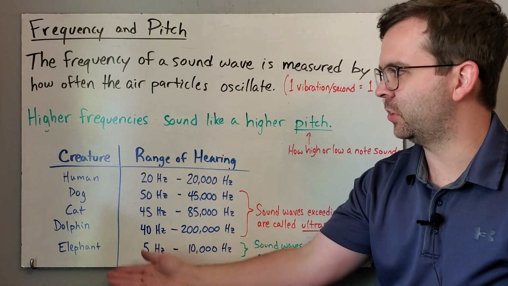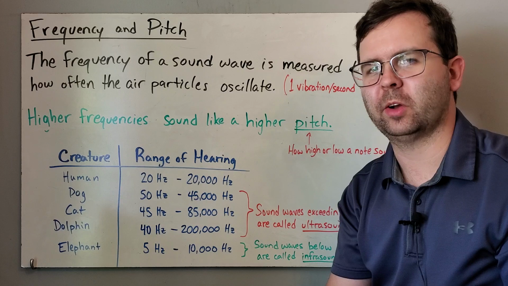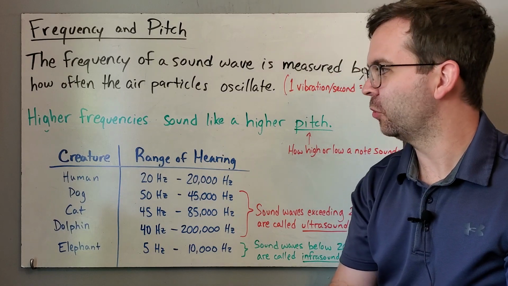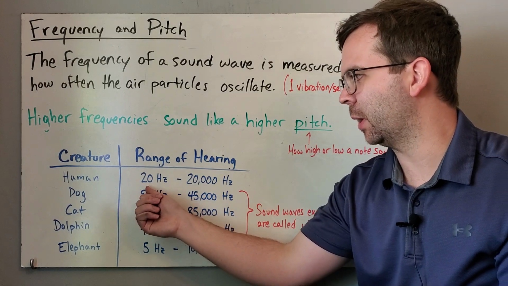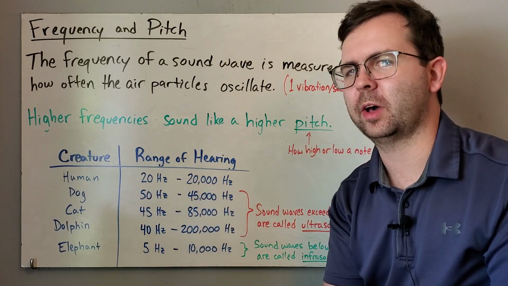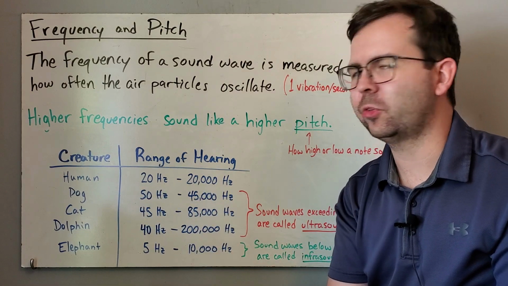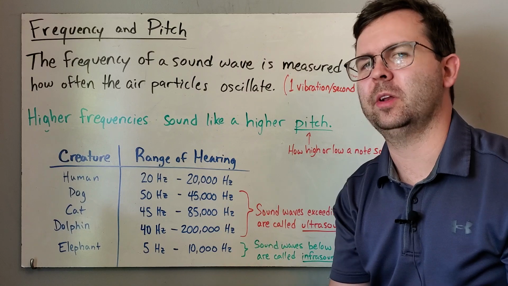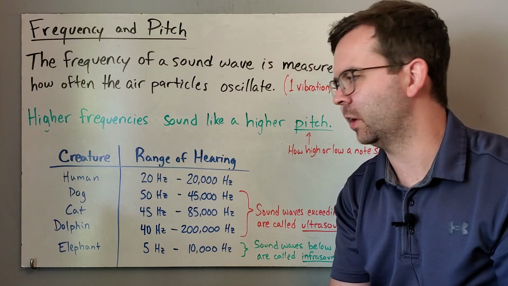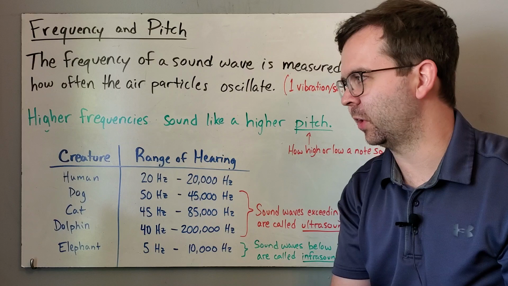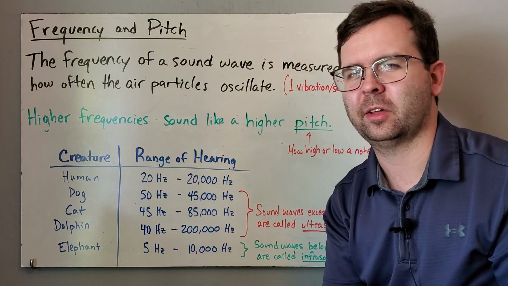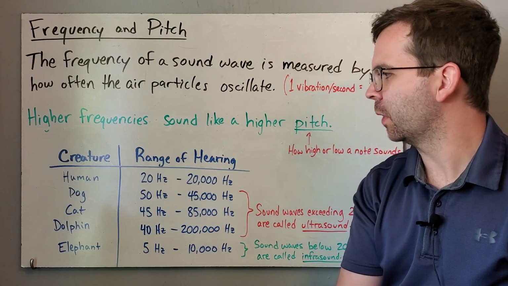Well, I have here a table of different hearing ranges for different creatures. Humans can hear anything from about 20 hertz to about 20,000 hertz. These are all just rounded numbers, estimates, okay? Different people have different estimates. As you get older, you can't hear as high as you did before.